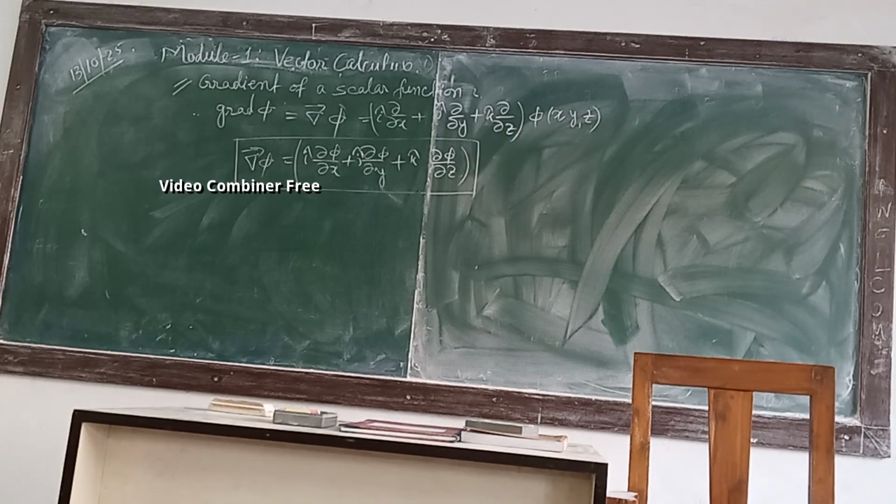So you can see that the gradient of a scalar is a vector quantity, because on the right side there is i cap, j cap, k cap. So if you take the gradient of a scalar quantity, that will be a vector quantity.